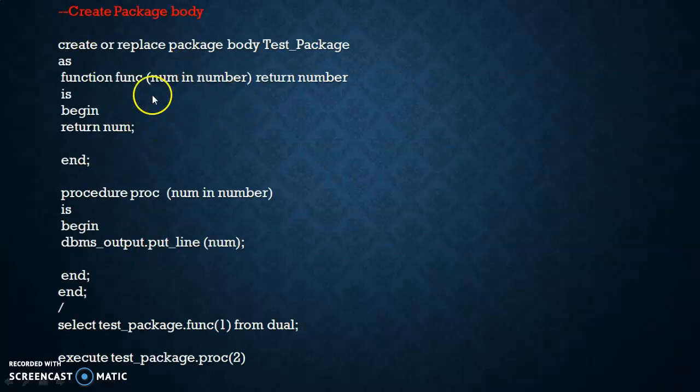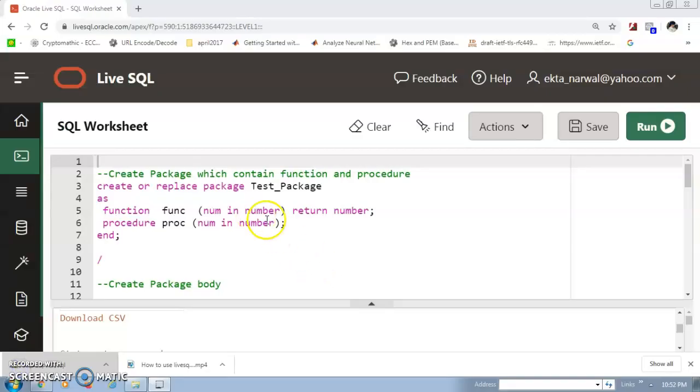In this body we define how our function will work, and how our procedure will work, and then after that we have given some assignments, and then we will execute our function and procedure to check how they will work. So we will now go to the live console to check how our packages will work. So this is the live console where we will create a package and then we will use that package.